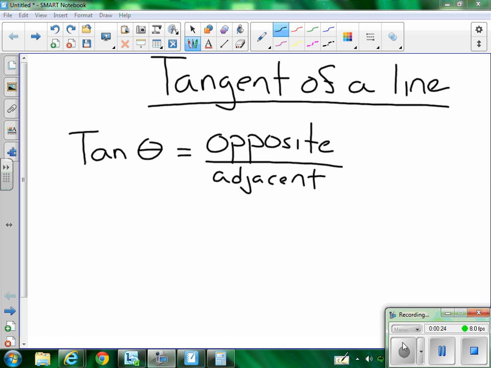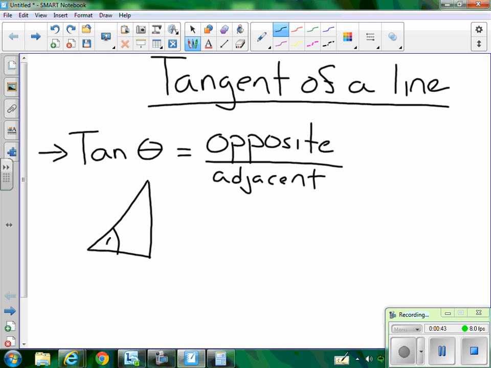So to start off, we're going to start with the formula, and that is this right here. The formula to solve the tangent of an angle. So if I had a triangle and I want to solve an angle, so I want to know what that angle of elevation is.